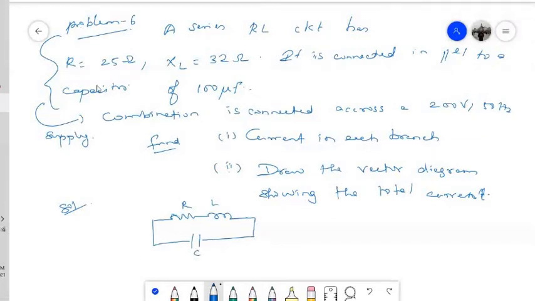And this combination is connected across a 200 volt 50 hertz supply. So C is given to be 100 microfarad, R is given to be 25 ohm and XL is given to be 32 ohm.